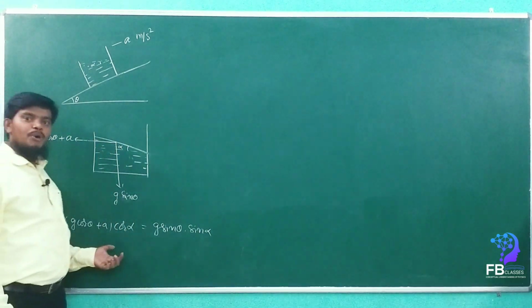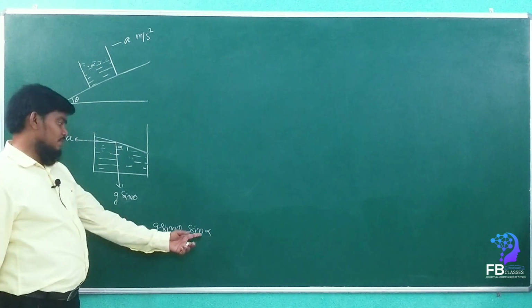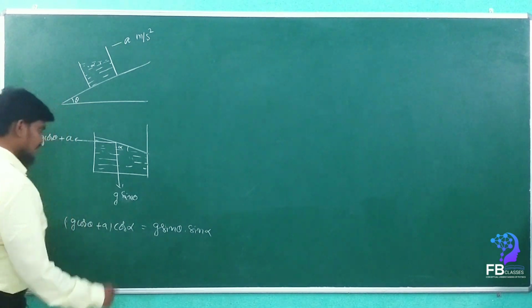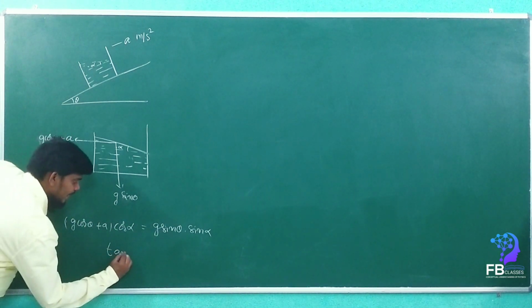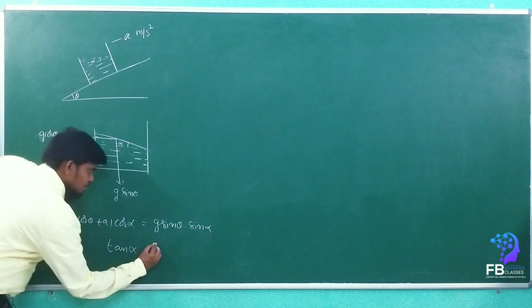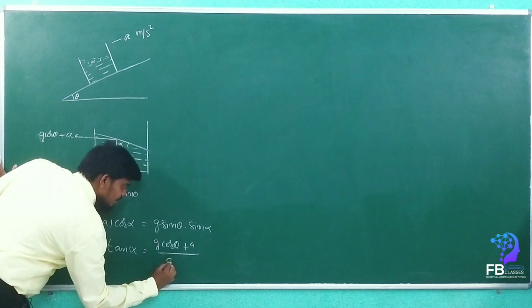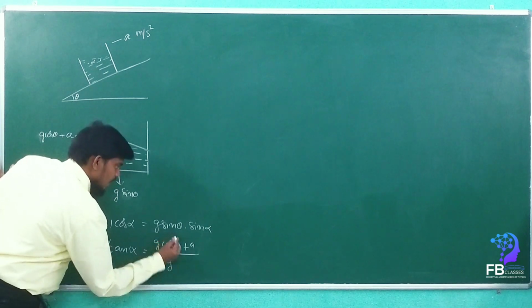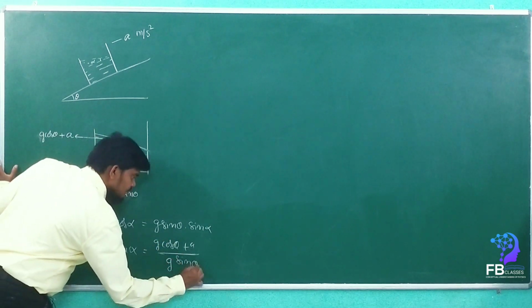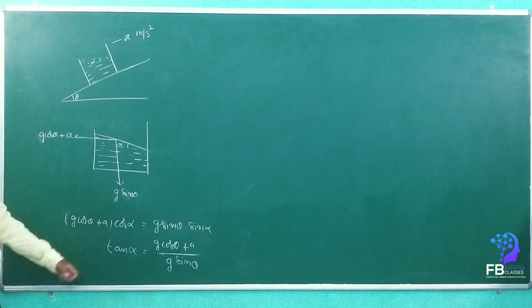Okay, are you getting my point? Now we can solve the equation for alpha. So now tan alpha is equal to g cos theta plus a by g sin theta. This is the alpha value.